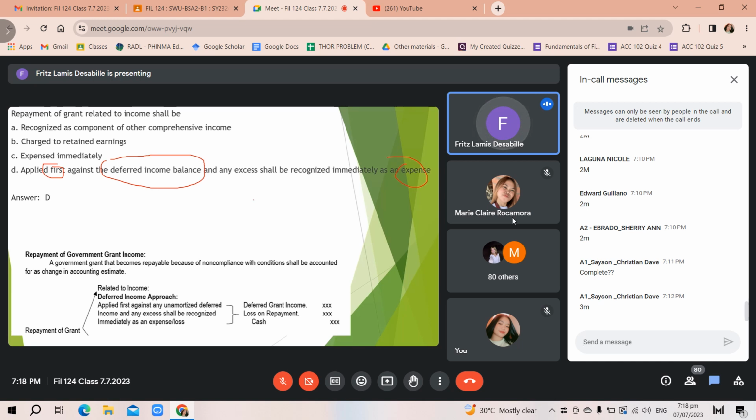So first, how much ang gibayad nato balik? Nagbayad ta balik og 50 million. Now kani nga 50 million dili nato ni siya i-recognize diretso as a loss. Ang buhaton nato una kay mag-minus ta sa balance sa deferred grant income. Unsay nahabilin ani, it will be a loss on repayment.